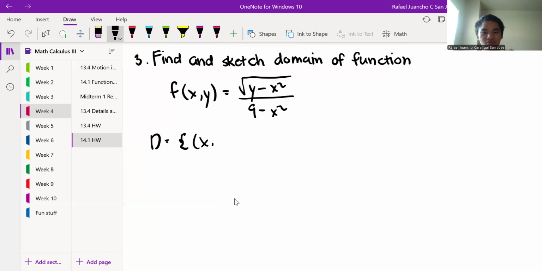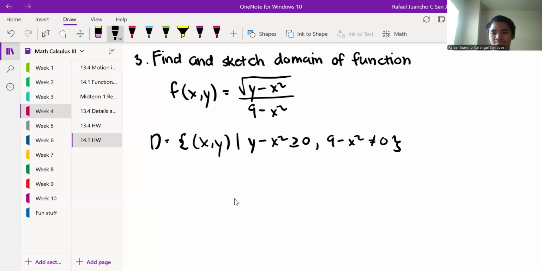The rule, given two points, is that my y minus x squared should be greater than or equal to 0, and my 9 minus x squared should not be 0, right? Or else it's going to be undefined.